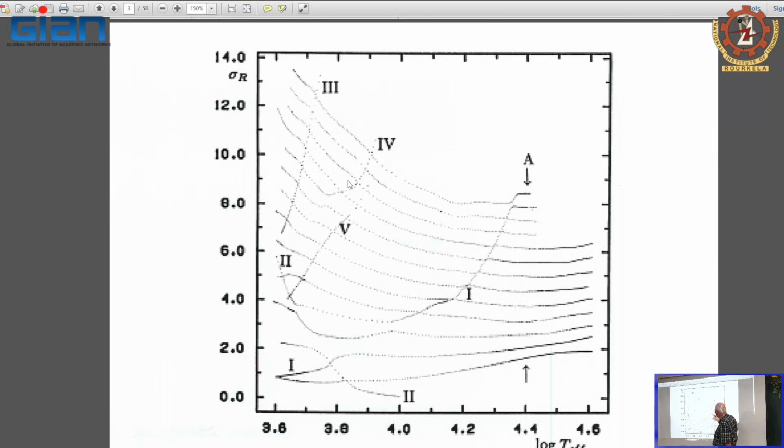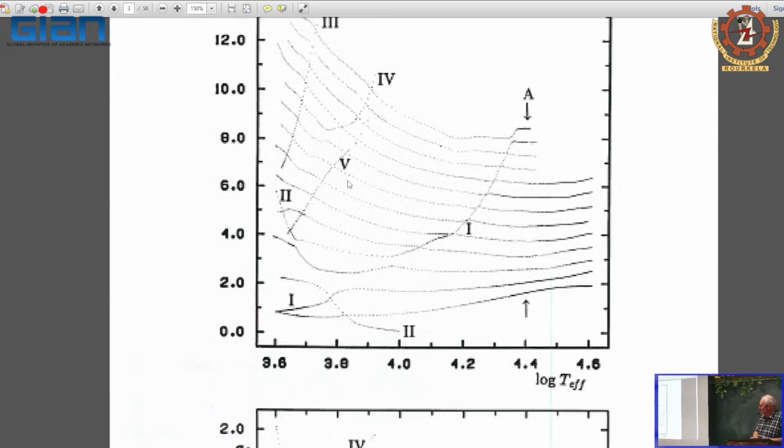So here is a mode denoted with Roman 1, there is one with Roman 2, there is a mode with Roman 5, which have a strong dependence on stellar parameter and which cross the spectrum of the other modes, the normal modes which we expect in any case.